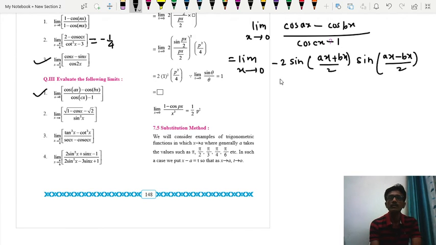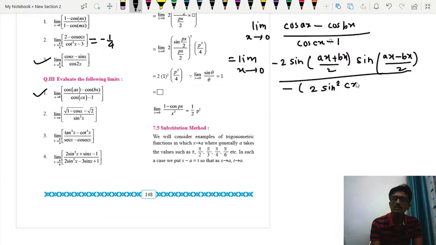If you take minus sign common from the denominator, it gives 1 minus cos cx. 1 minus cos cx you can write as 2 times sin square cx upon 2. 1 minus cos theta is 2 sin square theta by 2.